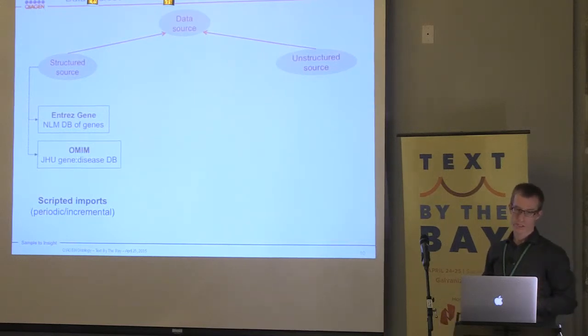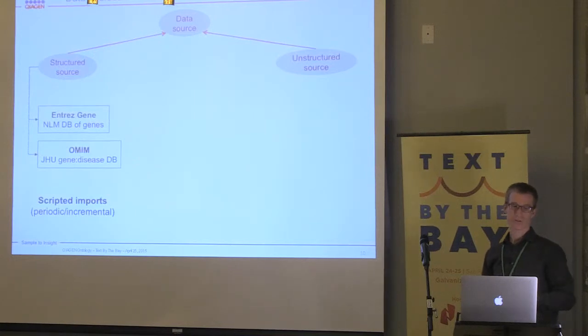And we collect not only the list of genes and the terms that are used to describe those genes, but a variety of other characteristics. And that is pretty much doable in an automated process where we can more or less trigger a script on a periodic basis and stay up to date on that kind of data.